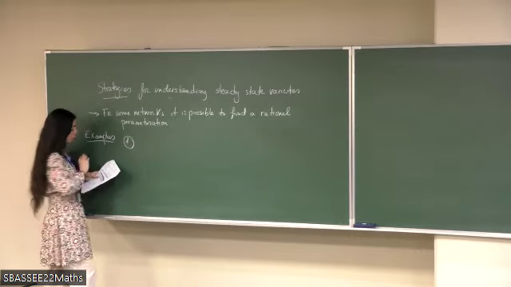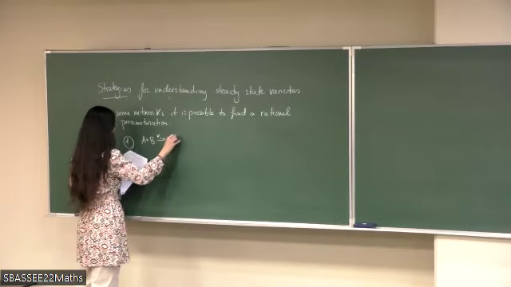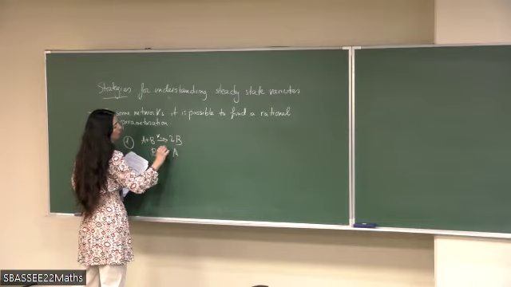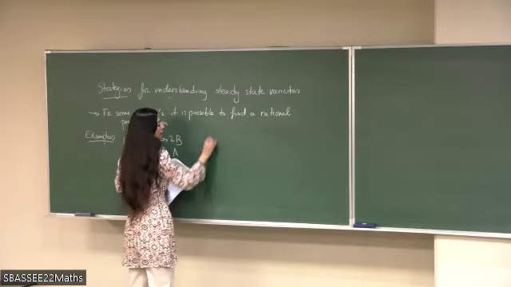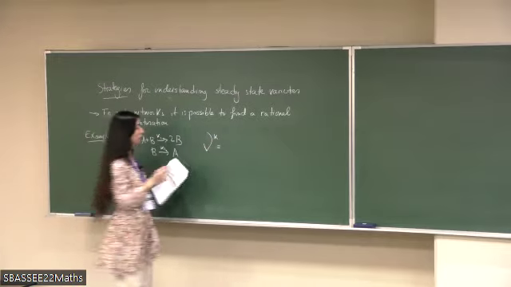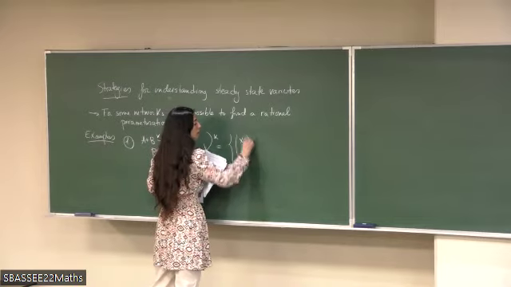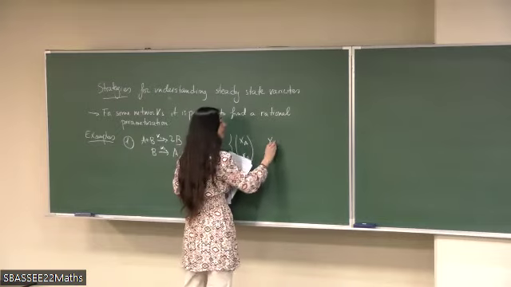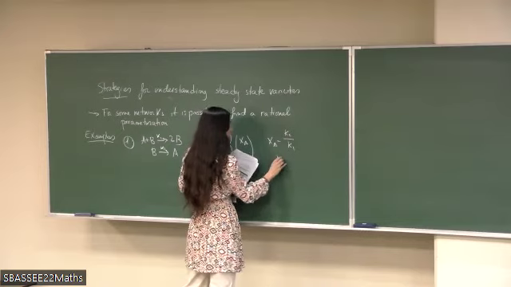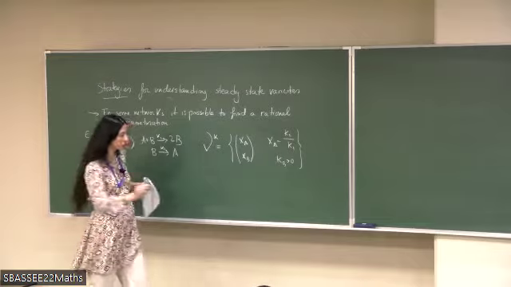For example, for our first network, the set of positive steady states for a fixed k can be written like this. xa equals k2 over k1, and there's no restriction on xv.